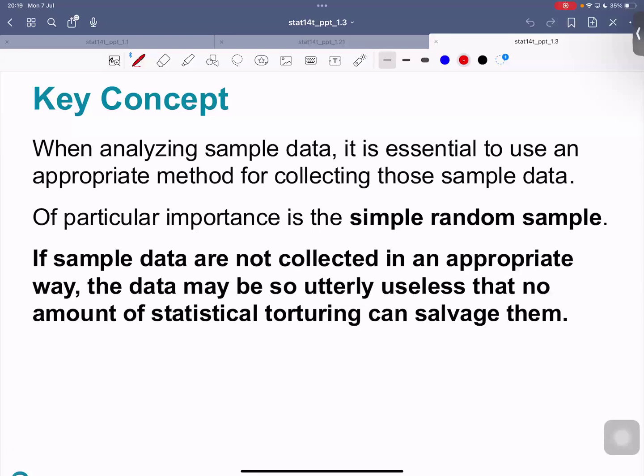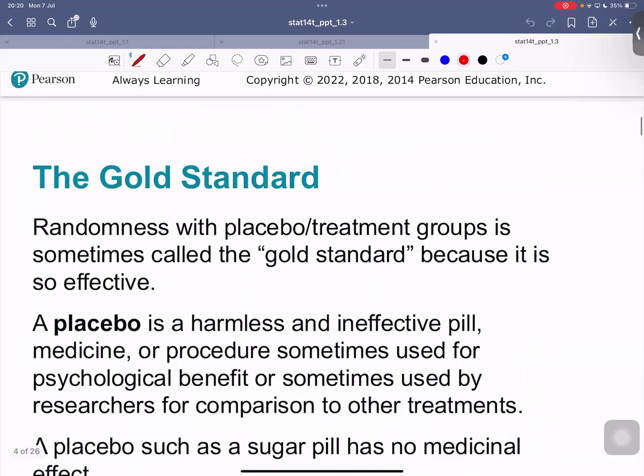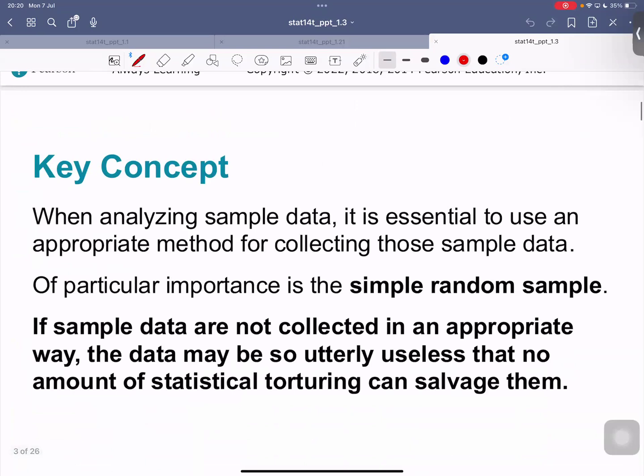Let's see an example for this. Simple random sample. Let's find an example of particular importance. We know random sample already.